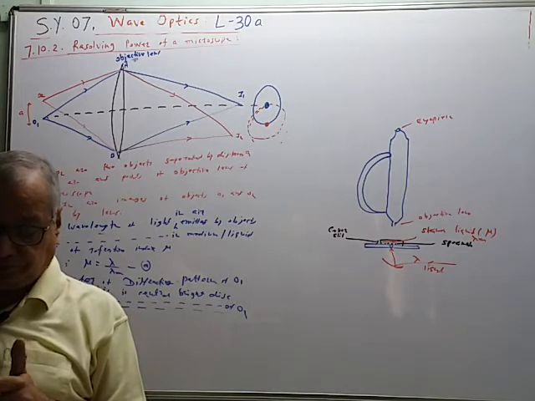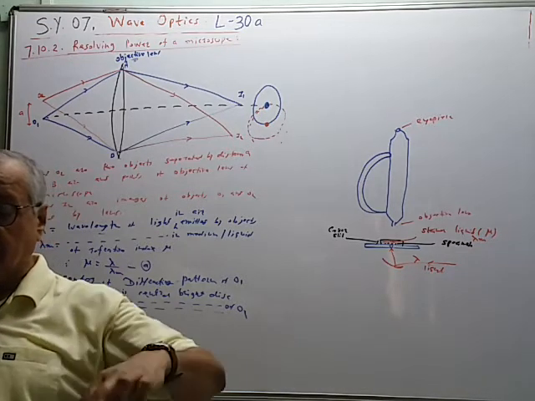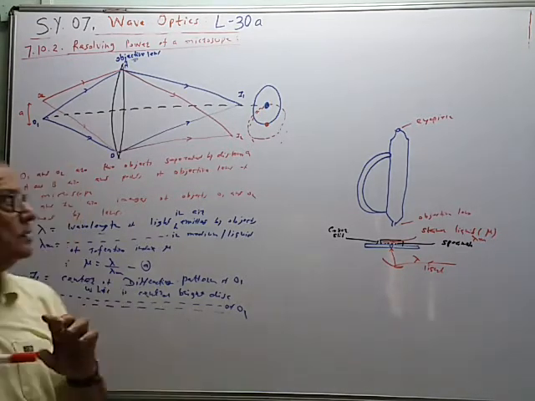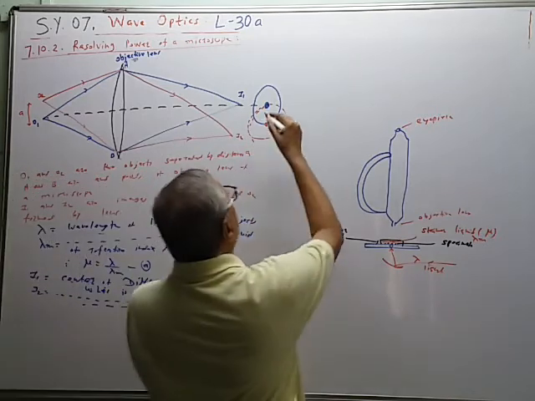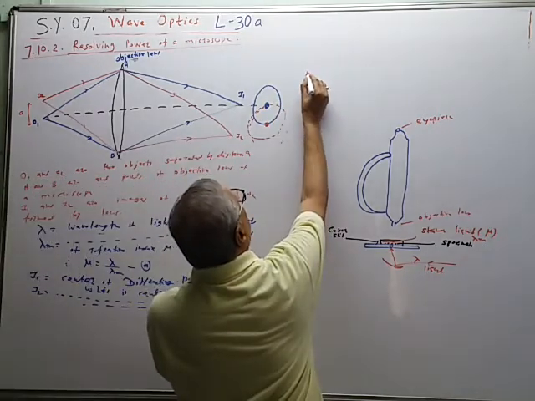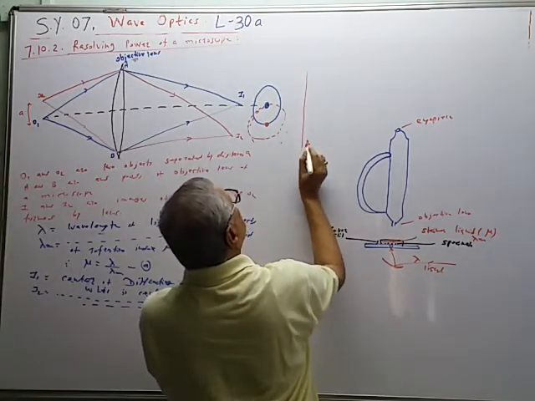Now here this condition is satisfied like this. So you can show the intensity distribution graph like this.